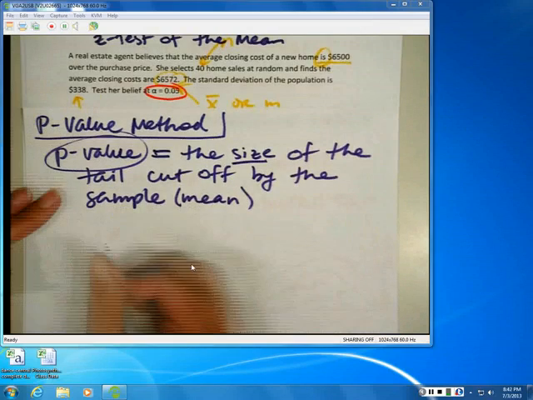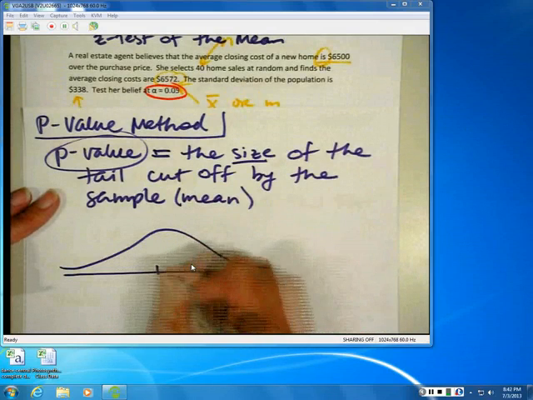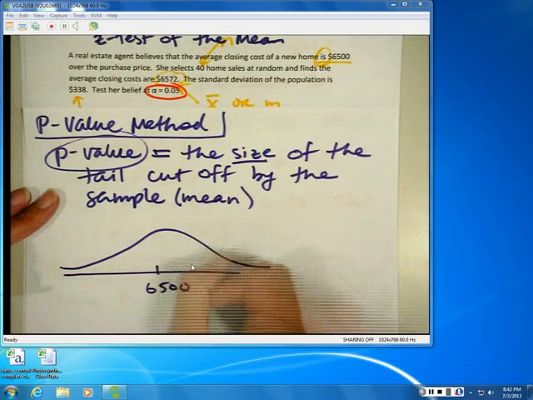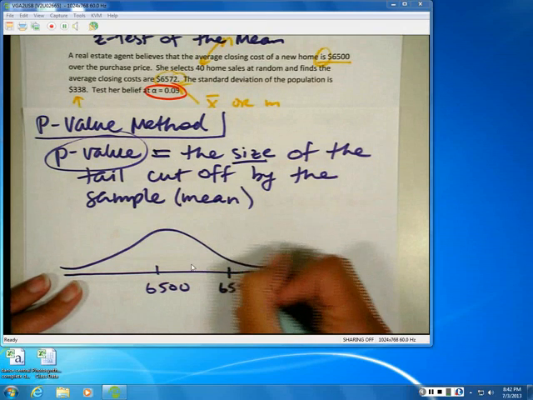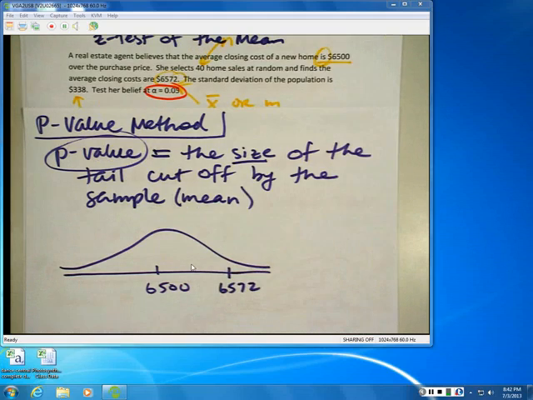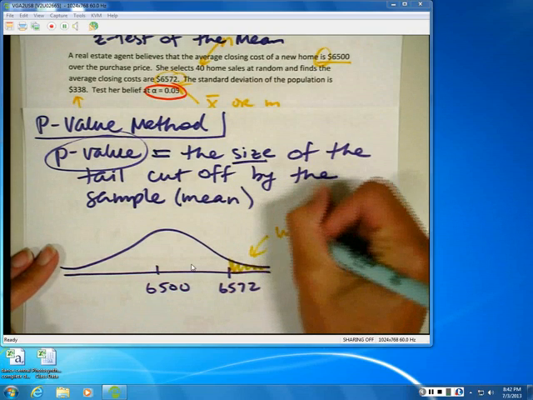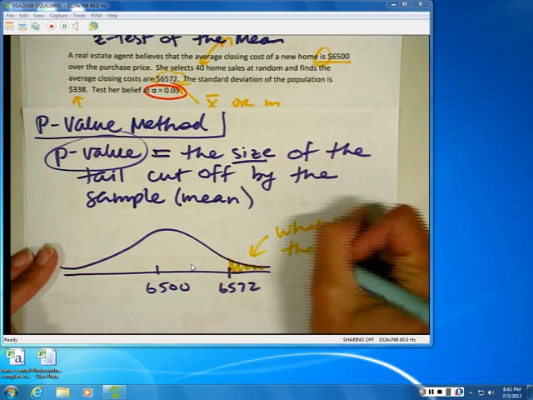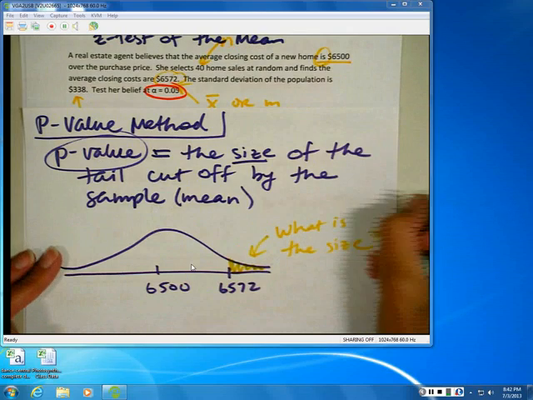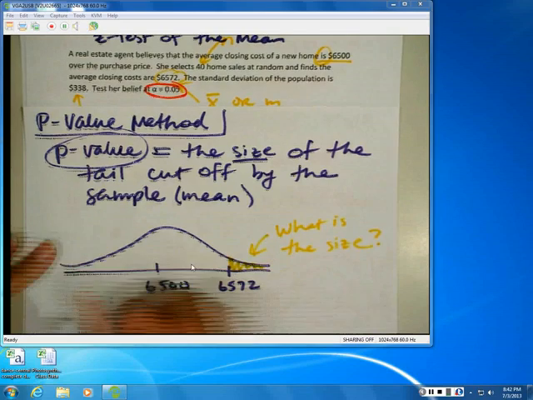So in this case, we had 6,500. That's supposed to be right in the middle. So 6,500 in the middle. Over here, we had 6,572. And when we look at a p-value method, we don't use z-scores at all. Instead, the question is, what is the size? We know that our significance level for this test is 0.05.